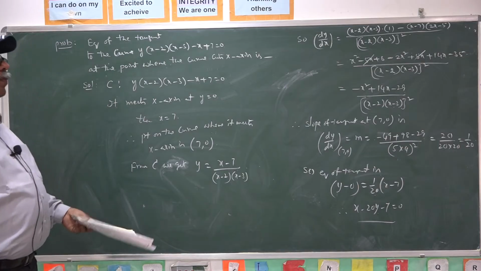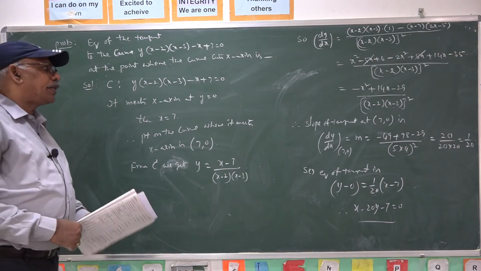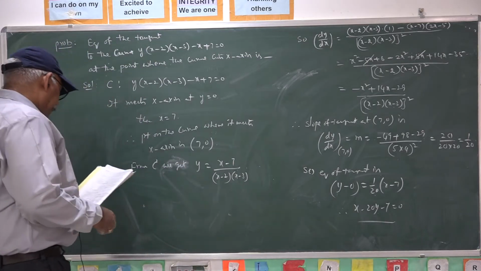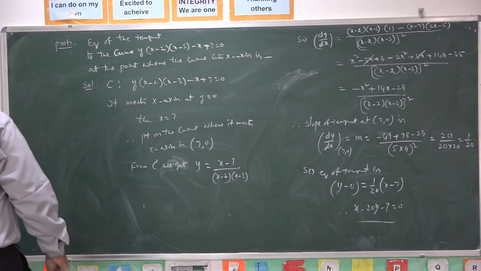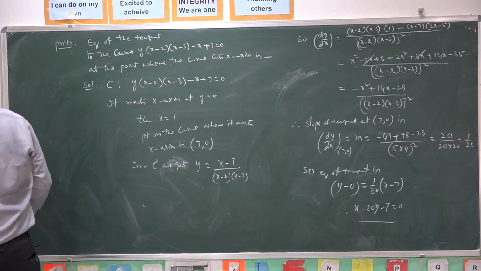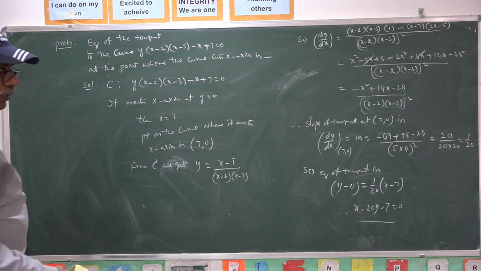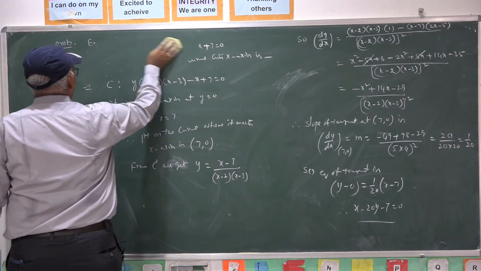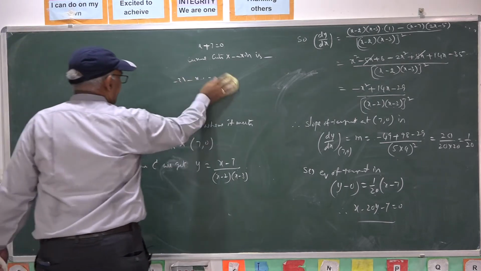By the point and slope formula, the equation of the tangent can be drawn to the given curve. Such problems are straightaway formulas. The procedure is the same as that of the previous problems.